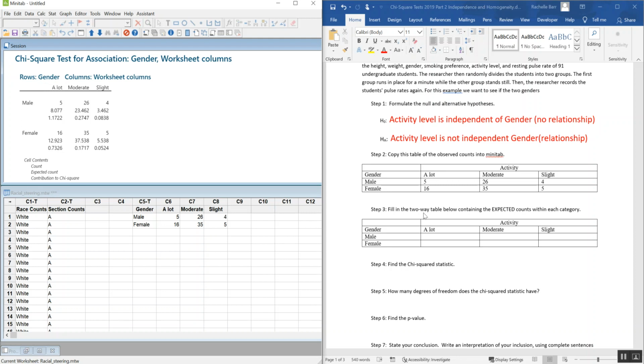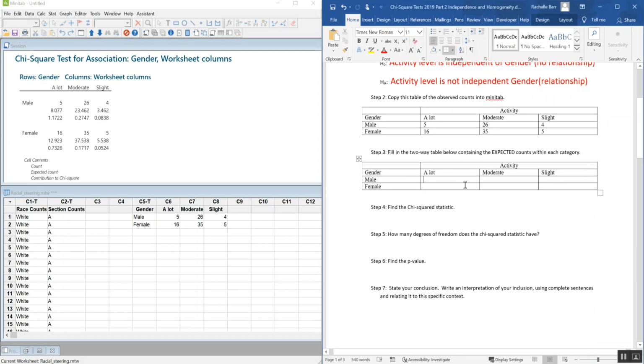So the value I need to answer step 3 is actually that 8.077, because that's the expected one. And I'm going to do the same thing going through and finishing the male one, 23.462, because those are my expecteds. So looking down at cell count, the thing that's second in there is your expecteds. My slight is 3.462.